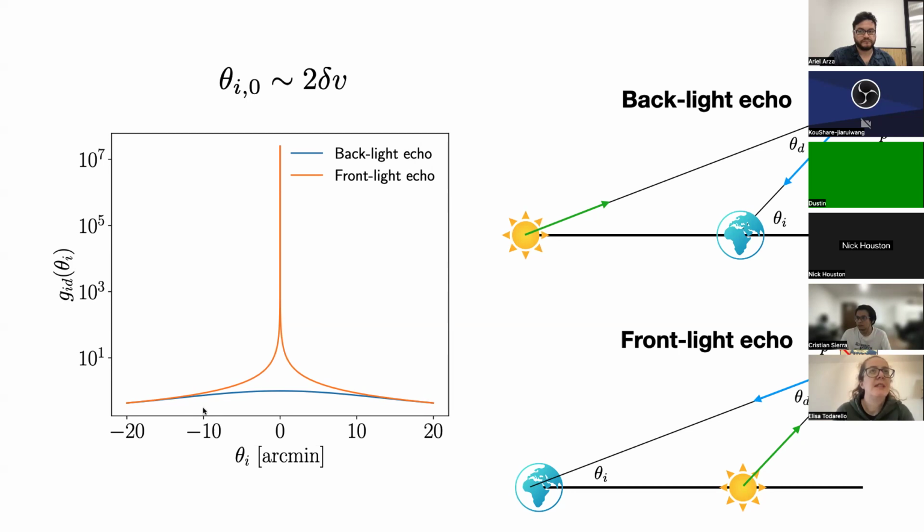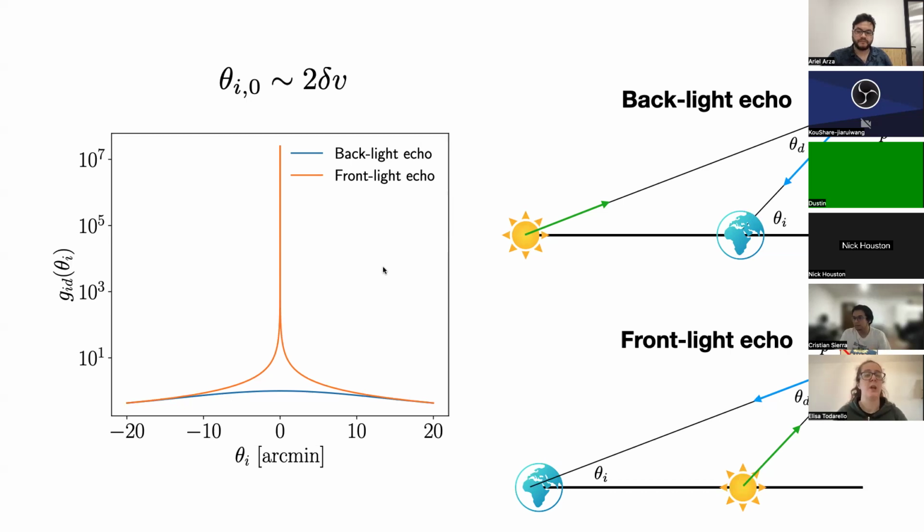No, first let me say this. This is an idealized situation, in which we can calculate this curve analytically, and in which we assume that there's an infinite dark matter halo with a constant density, that the velocity dispersion is constant across the halo, the source is infinitely old, there's no relative motion compared to us of the source or of the dark matter, and the flux of the source is constant in time.